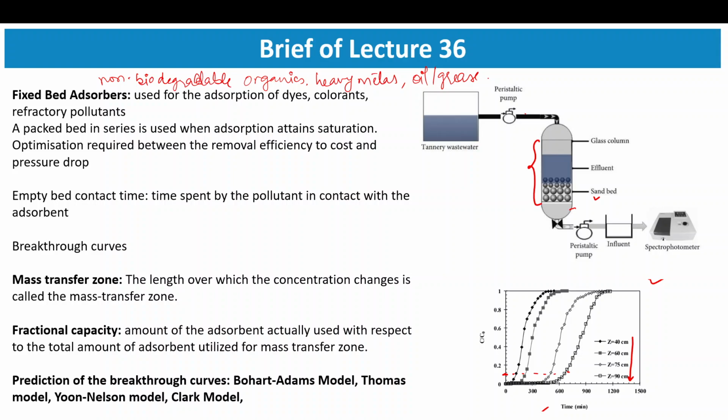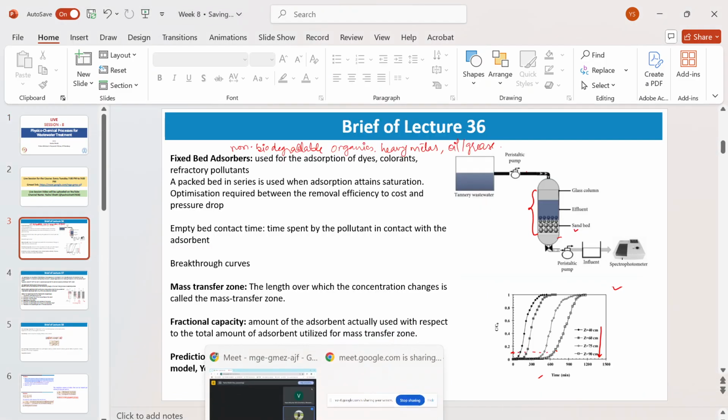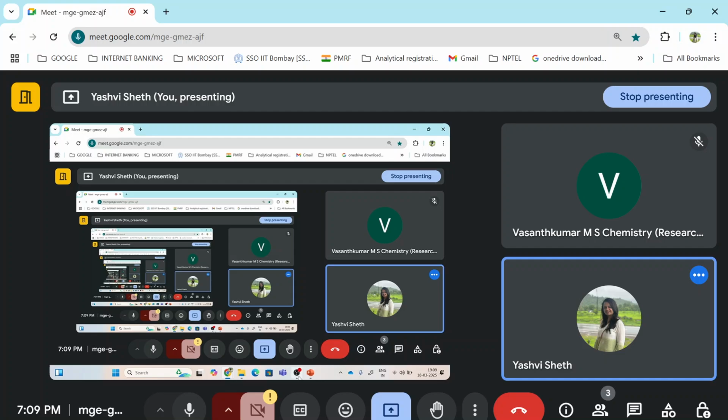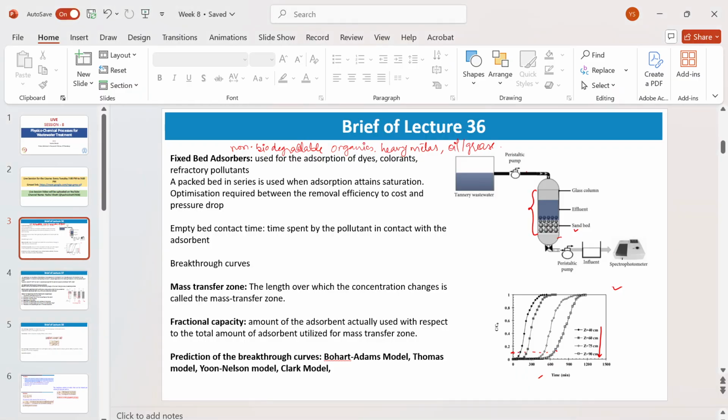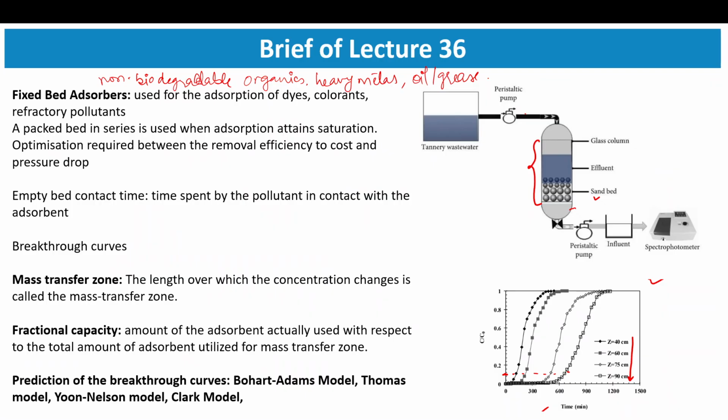In industries we basically use a fixed bed column. In a column there will be a support, which can be glass wool or some sand, and inside that we pack our adsorbent.